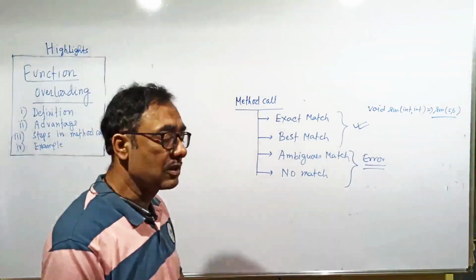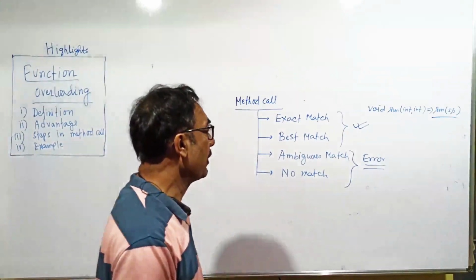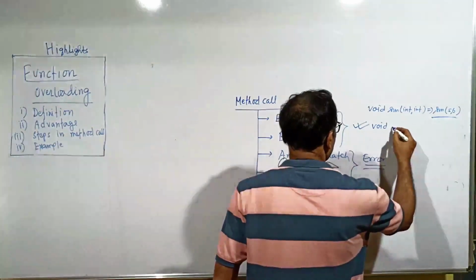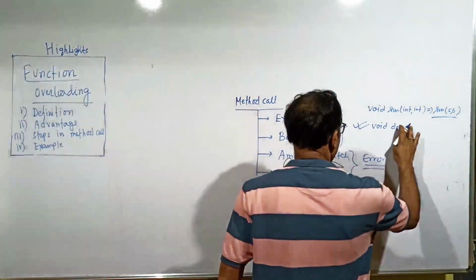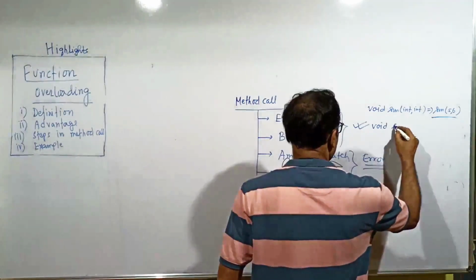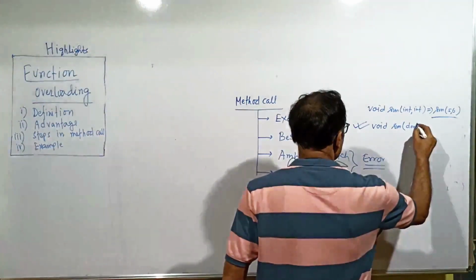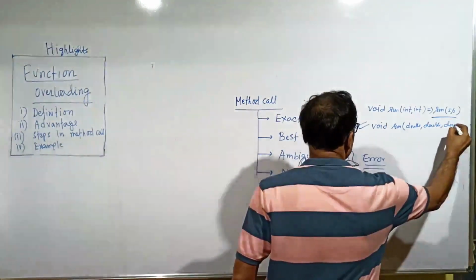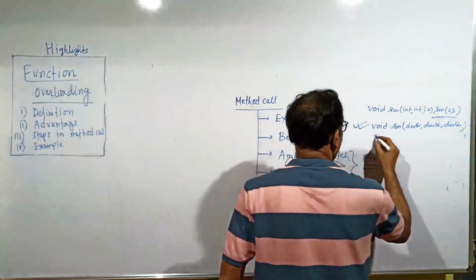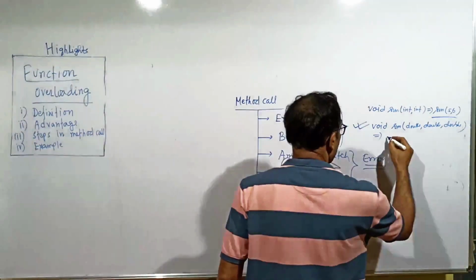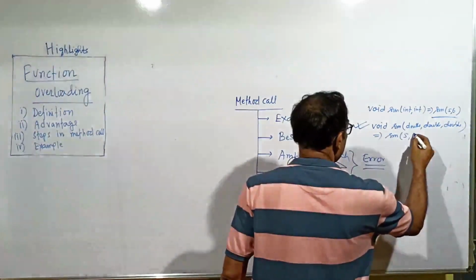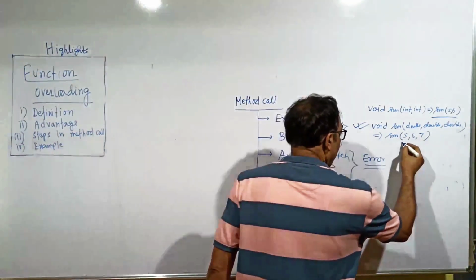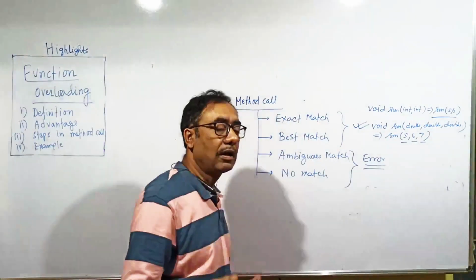And now regarding best match. When you have a method void sum(double), and you are giving a call like sum(5, 6, 7), then 5, 6 and 7 will be converted to double.